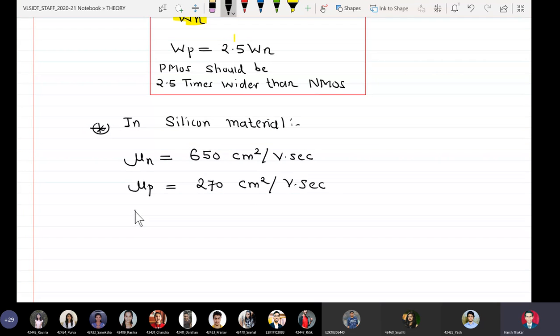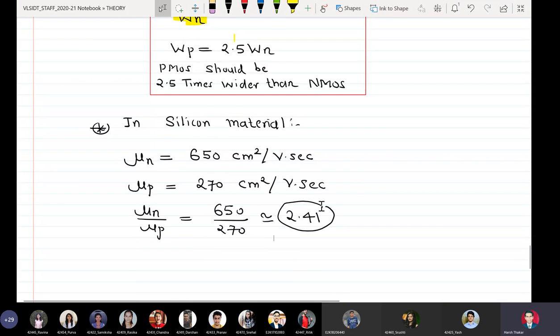So the ratio of mobilities comes out to be 650 upon 270, approximately 2.41. So it is sometimes said it is 2 to 3.